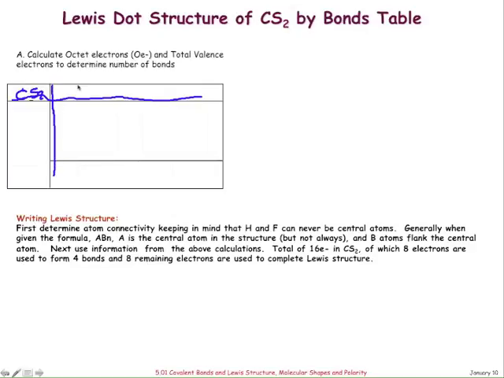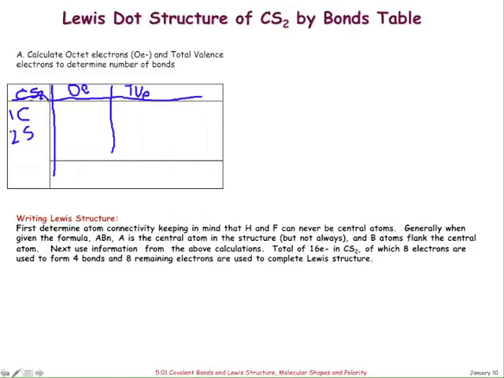We have 2 columns. One is called OE, which stands for octet electron. The other is called TVE, total valence electron. Next we break down the elements that are involved: we've got 1 carbon and 2 sulfurs.